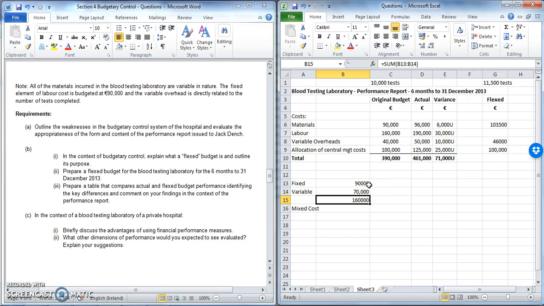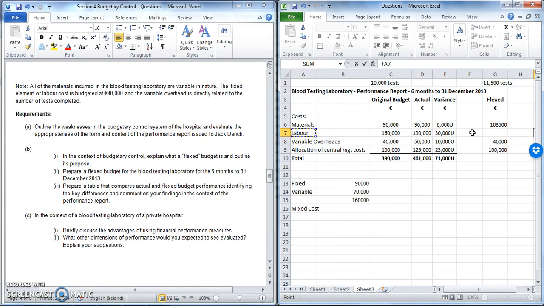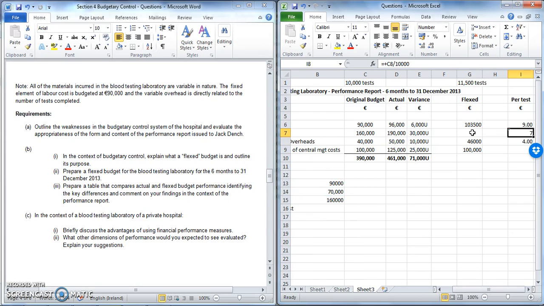So we know the fixed element is 90 grand, so that won't change as we flex our budget, but the variable element will. If we come over here, we know the variable element was 70,000. So 70,000 over 10,000 tests means we expected the variable element of blood testing, so perhaps they get a per rate payment as well as a fixed portion of wages for the workers, is €7.